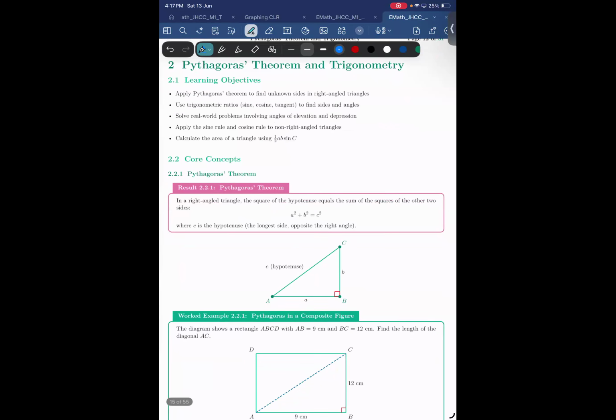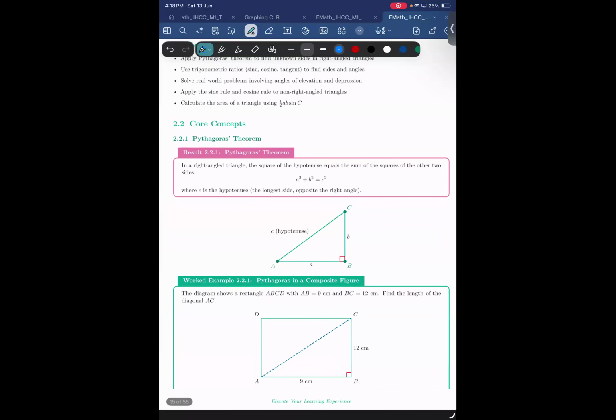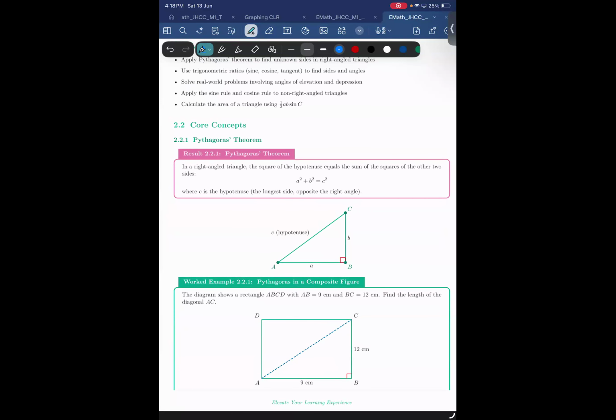And how to use it? It's not difficult. Rectangle ABCD with AB is 9 cm and BC is 12 cm. It's labeled as in the picture. Find the length of diagonal AC. That's pretty simple.